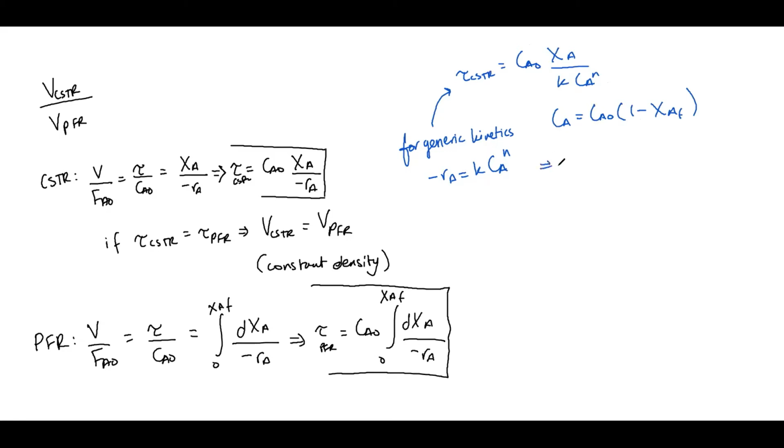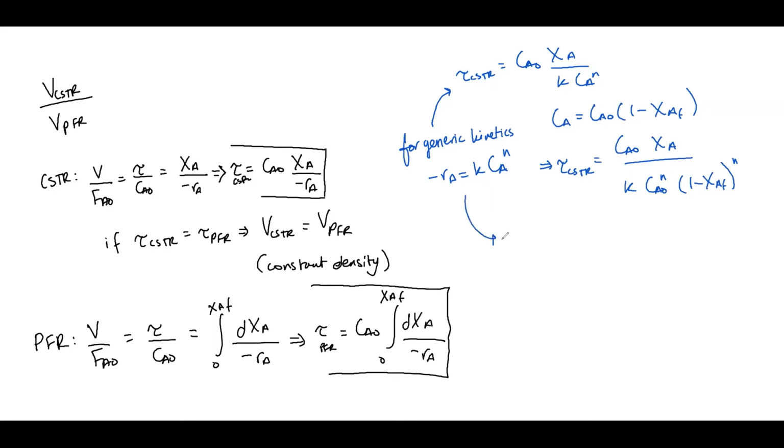So tau CSTR will be equal to CA naught XA over k, and CA to the power n is equal to CA naught to the power n into 1 minus XA final to the power n. So this is tau CSTR.